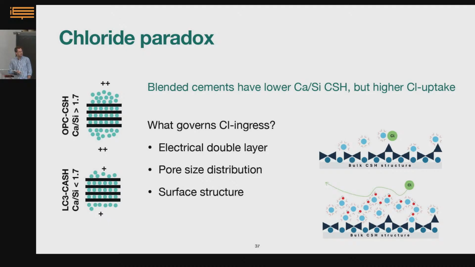But if you have this network, which indeed is highly charged, so it attracts the calcium, but the OH groups are located at the top of the surface, it could be kind of repelling for the chloride, preventing it from coordinating with calciums, plus a mechanism of chloride hopping that was documented on different materials could happen. So it's a paradox in my opinion, but it's kind of fun to think about it and solve it.